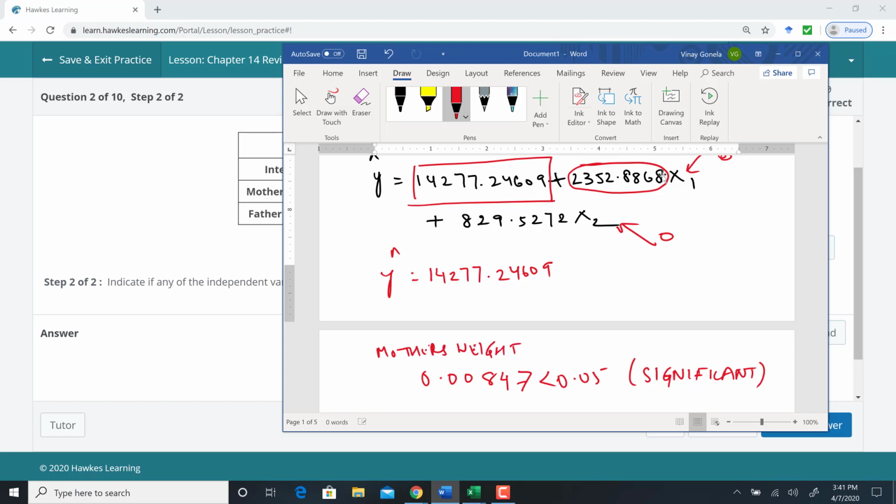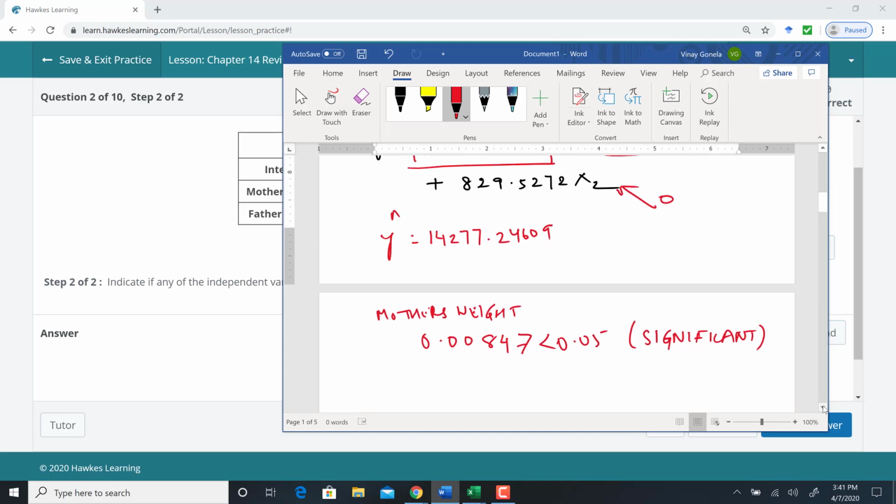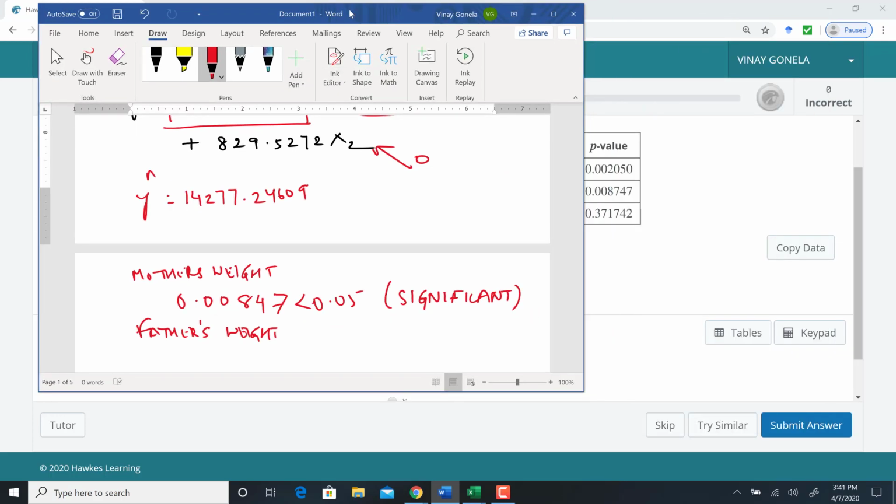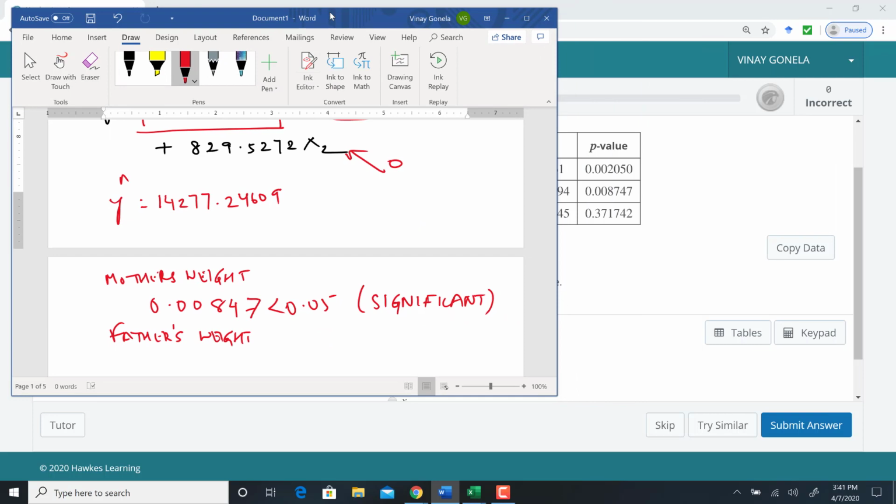So let me do the same thing for father's weight. So father's weight, the p-value is 0.371742.